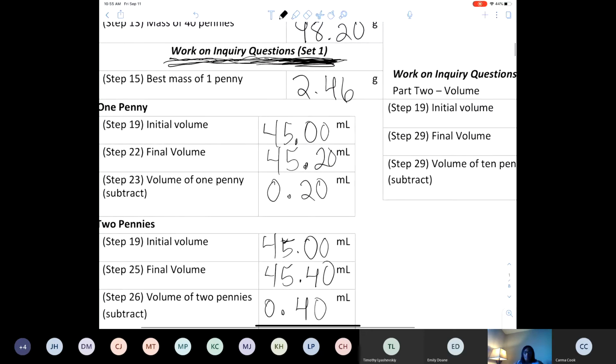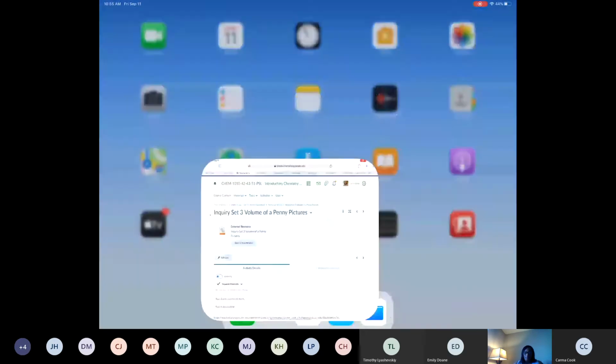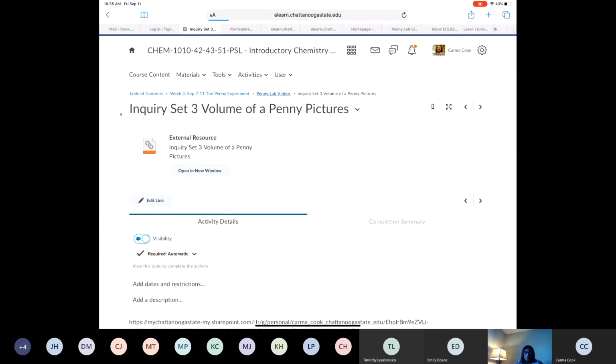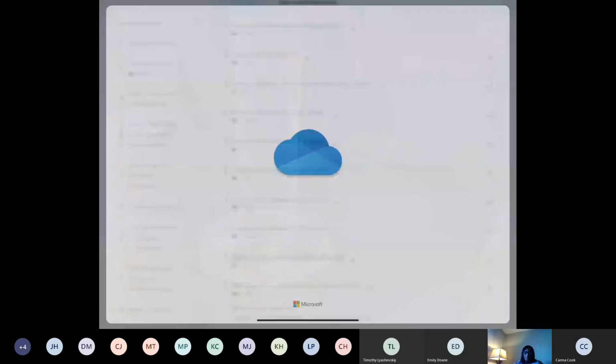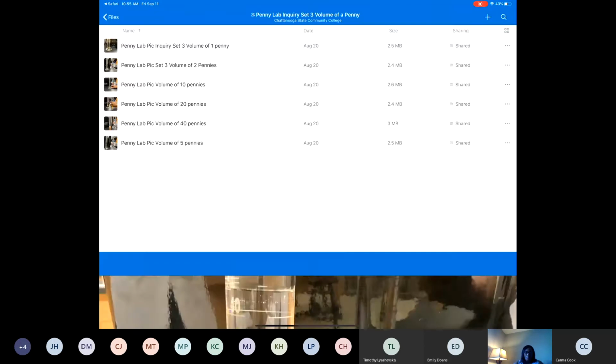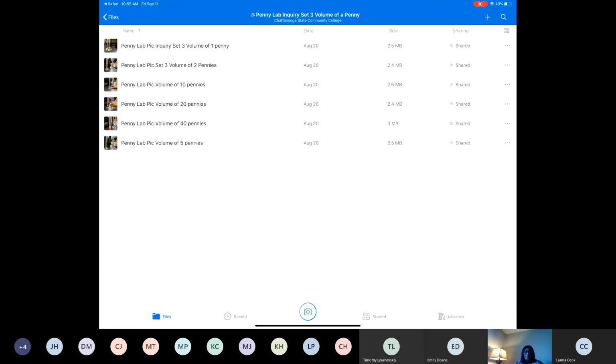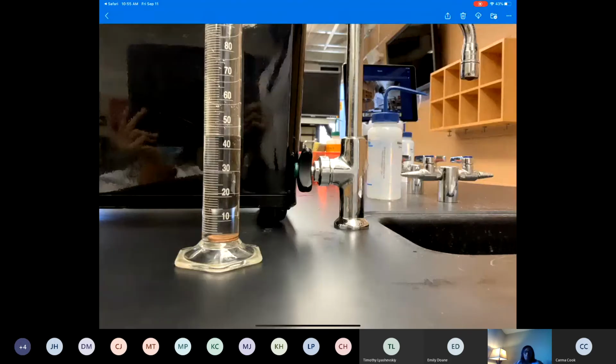Our initial volume was 45.0. So if you subtract 45.20 from 45.0, you get a volume of 1 penny of 0.20.